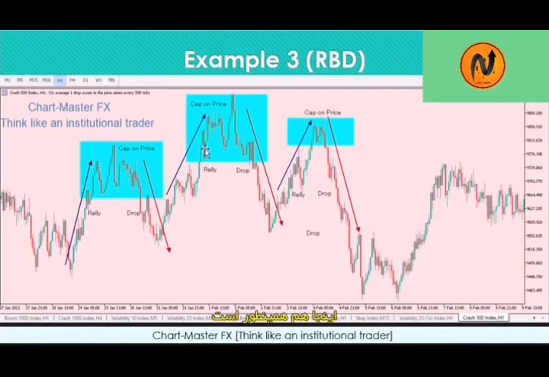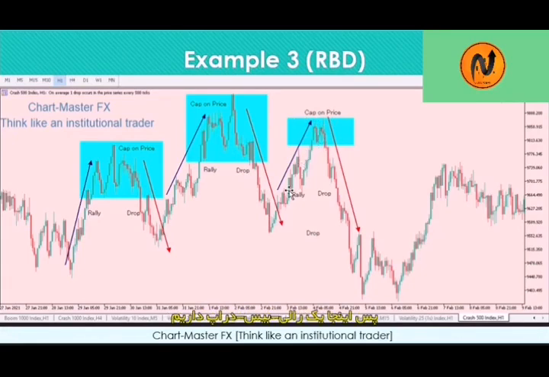The same applies here. We had a rallying price, and we had a cap on price here. You identify your lower low, you identify your higher high, then you draw your cap on price area. So we ended up having a rally, base, drop. And another example here, we have a rally. You identify your lower low, your higher high, you draw your cap on price.